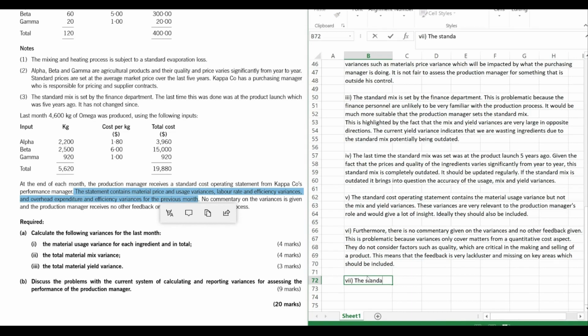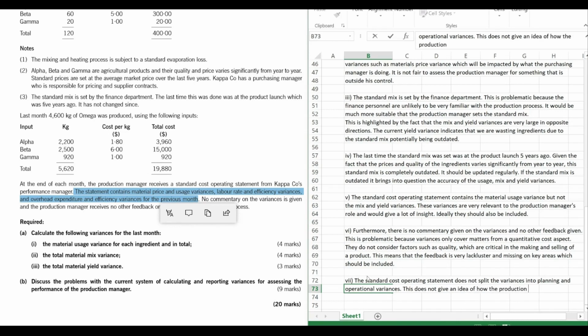So the standard cost operating statement does not split the variances into planning and operational variances, right? This does not give an idea of how the production manager performed with regards to things which were under his control and which were not under his control.